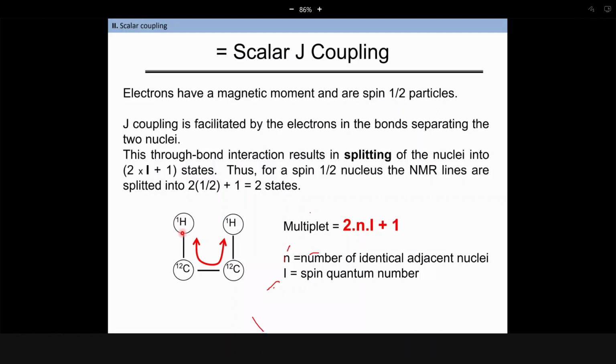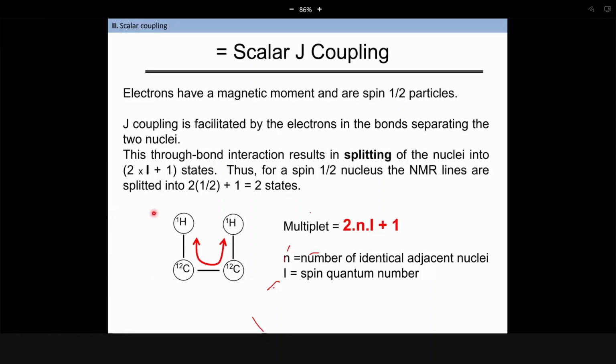So that's why if you have a wall here, a quaternary carbon for example, a heteroatom for example, and so on, you will not have coupling between this proton and the other protons that are on the other side of the wall.